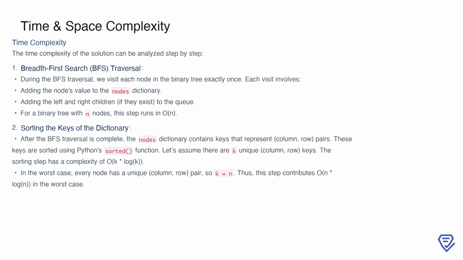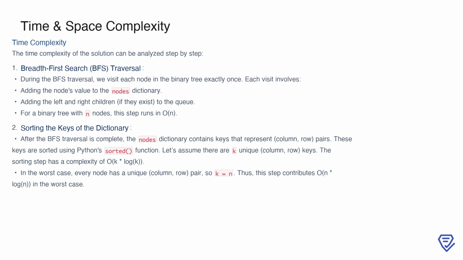To analyze the time complexity of our solution, we can break it down into several key steps. First, the breadth-first search, or BFS traversal, allows us to visit each node in the binary tree exactly once. For each visit, we handle the node's value by storing it in the node's dictionary and potentially adding its children to the queue. Since there are n total nodes in the tree, this traversal step runs in n time.